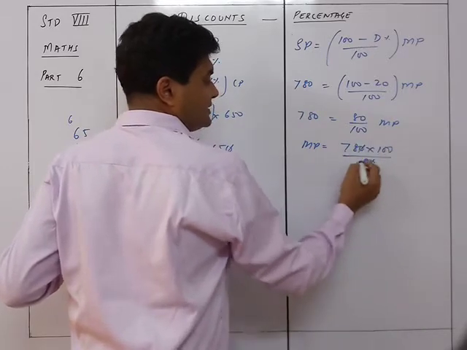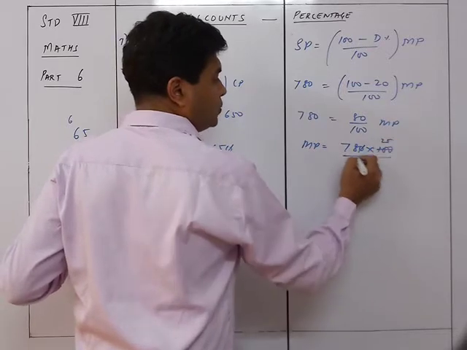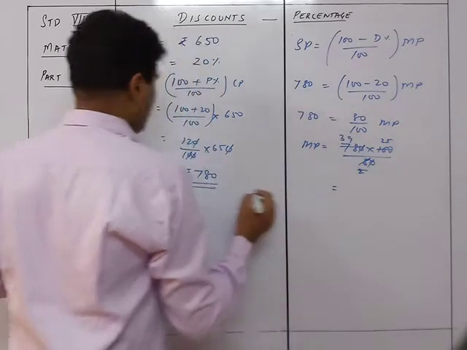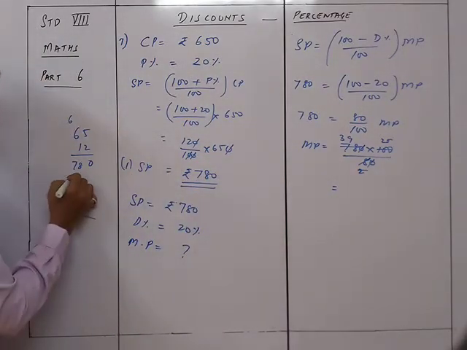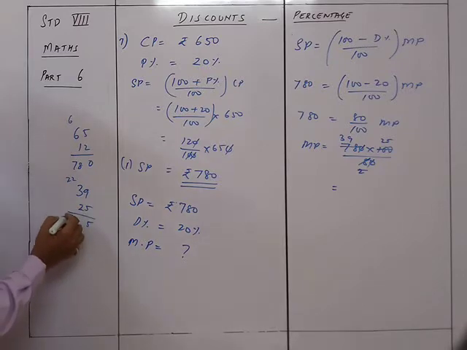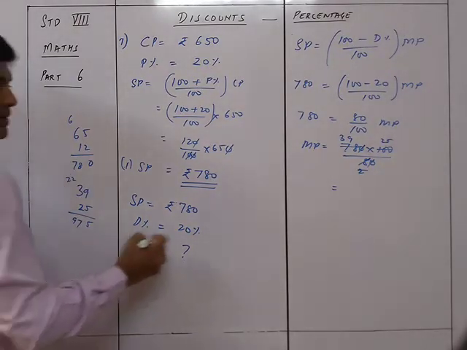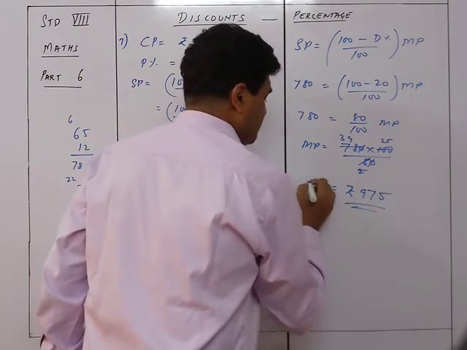The zeros cancel. Now 4 twos are 4, 25 twos are 50, and this will be 39. So that will give me 39 into 25. 25 threes are 75, 75, 85, 95, 97. So that will be rupees 975, the mark price.